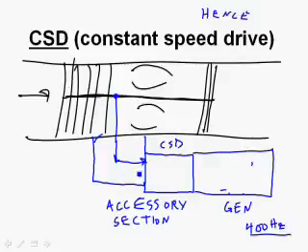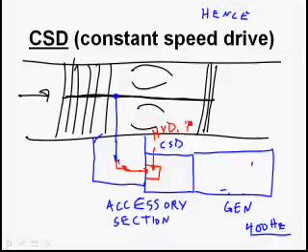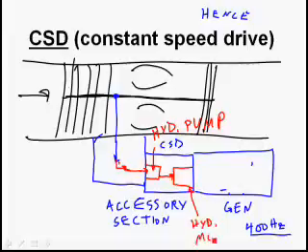Okay, so the constant speed drive, the power is going to come in. Power is going to come in, and it's going to drive a hydraulic pump. Hydraulic pump is going to send fluid to a hydraulic motor. And on that hydraulic motor is going to be a governor.